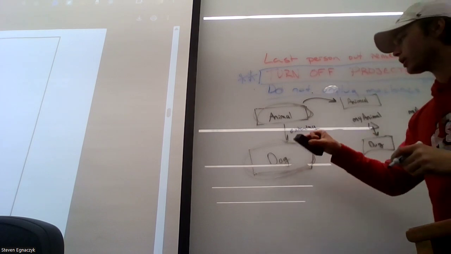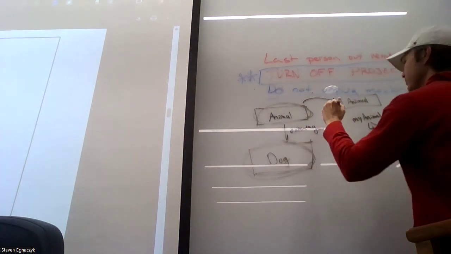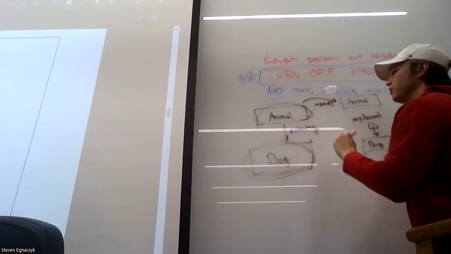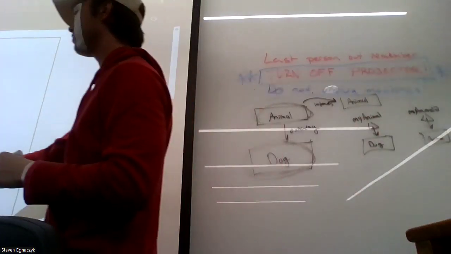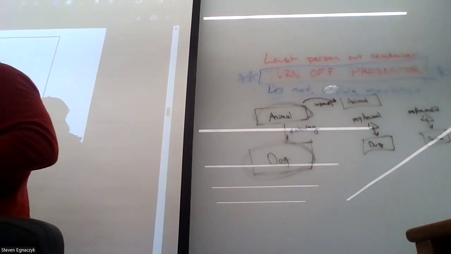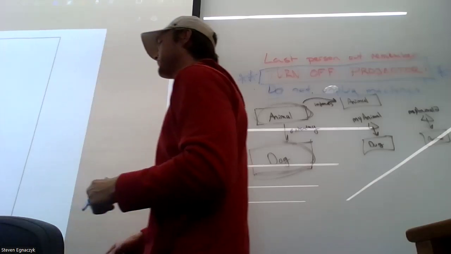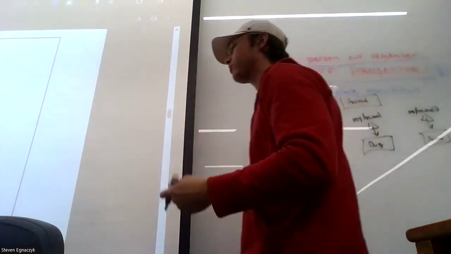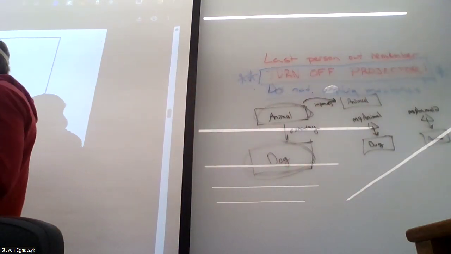So since the Dog extends the Animal, which implements the Animal interface, that's why we can define a Dog using the Animal interface. So we say that myAnimal should be an Animal. And when we call myAnimal.makeSound, it looks at the dynamic type of the class.